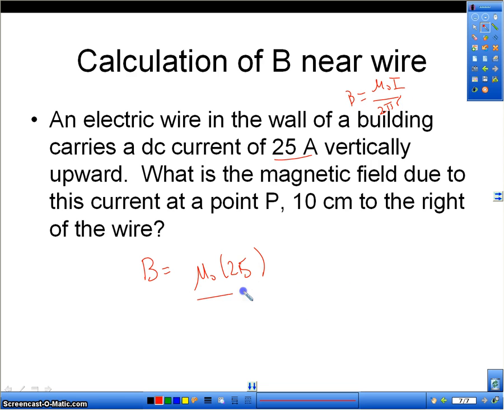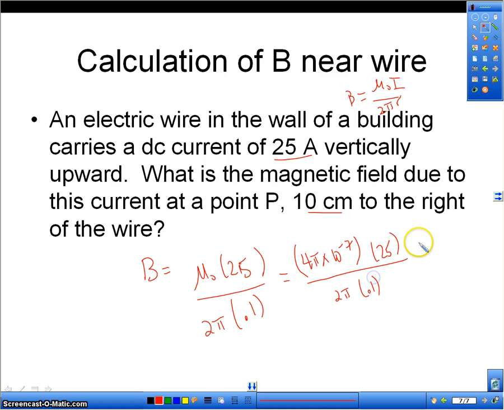And that'll be over 2 pi, and then the R is going to be 0.1, because it's 10 centimeters to the right of the wire. And so you figure out what that number is. So mu naught is 4 pi times 10 to the negative 7, and then 25, and then divided by 2 pi, and then times 0.1. And you figure out that's a number, and that answer is going to be in Tesla.